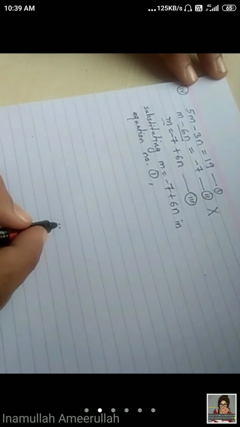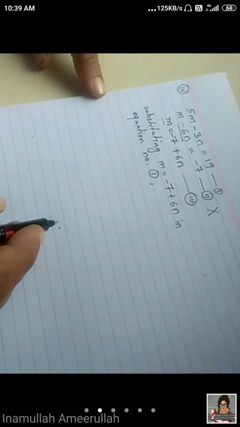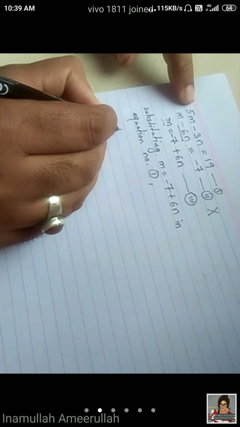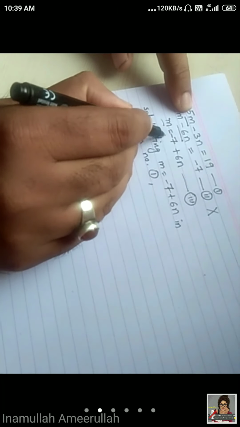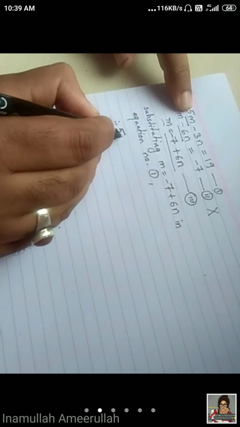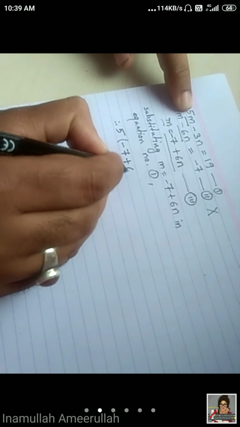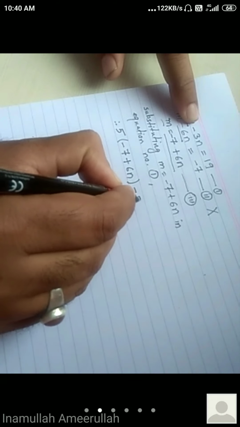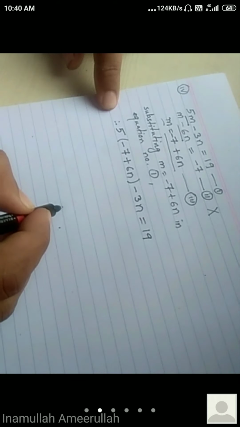So when you substitute m equals to minus 7 plus 6n in equation number 1, your equation number 1 is 5m. So I'll write 5 m. So instead of m, I can take minus 7 plus 6n. So here we can take 5 into bracket minus 7 plus 6n, minus 3n equals to 19.